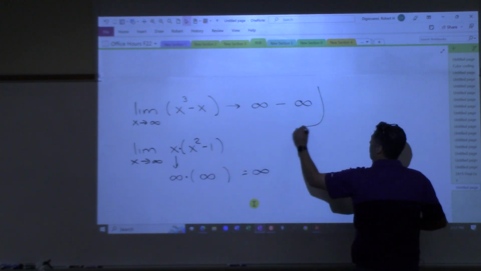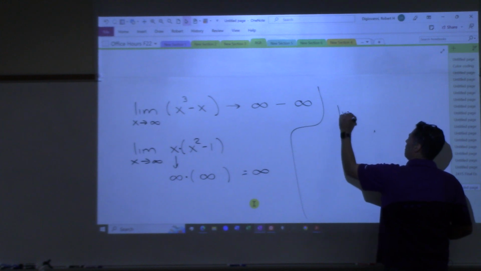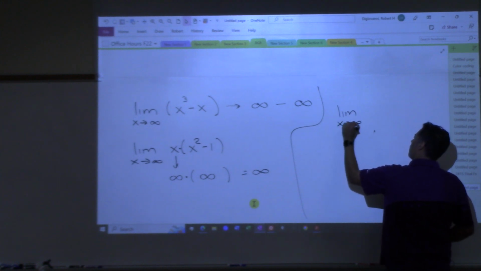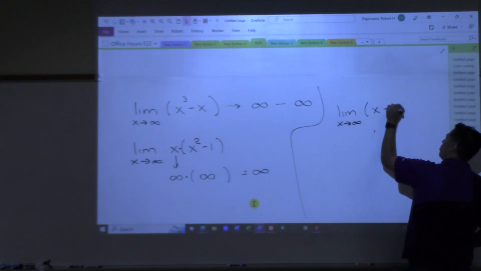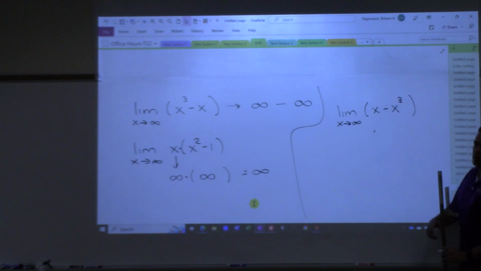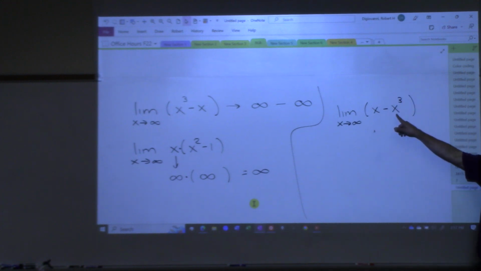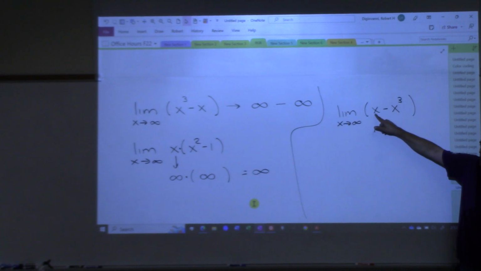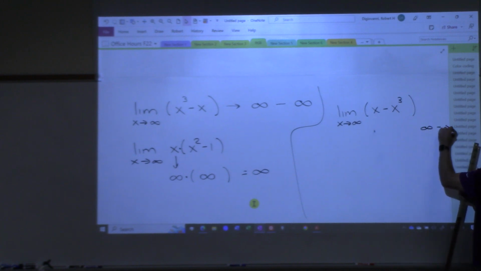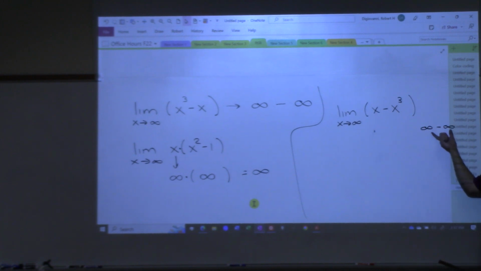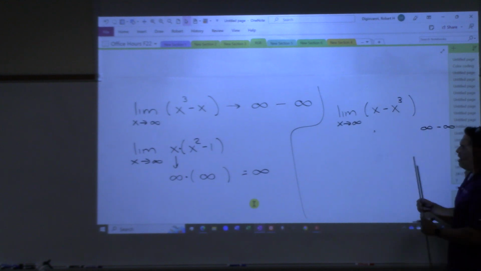If I change the problem around and do x minus x cubed, now this is the one that's dominating, right? So this is huge, infinity, taking away infinity. I don't know what that is. It seems like this one should win. Pull a GCF.